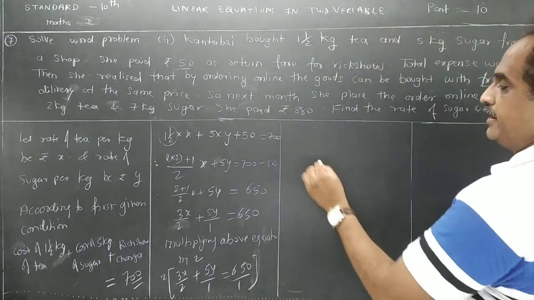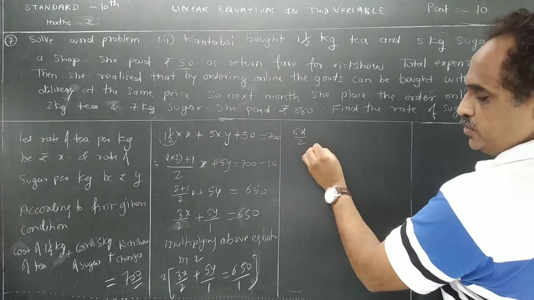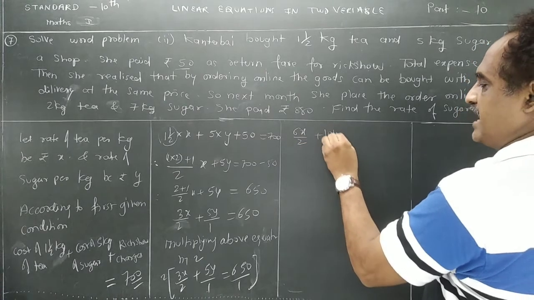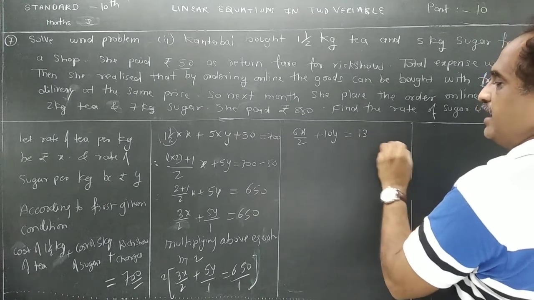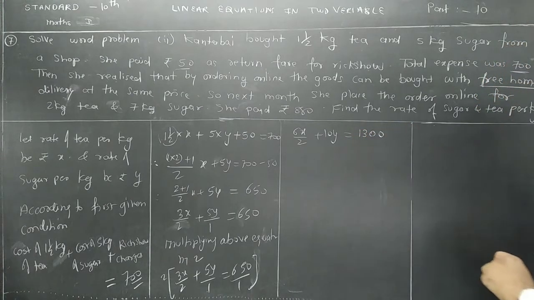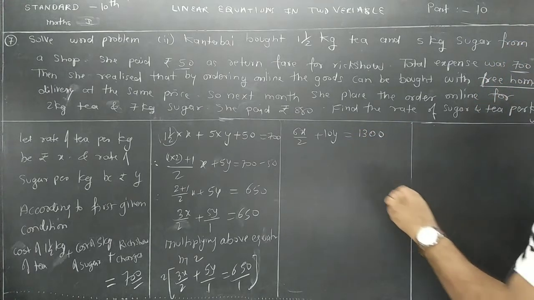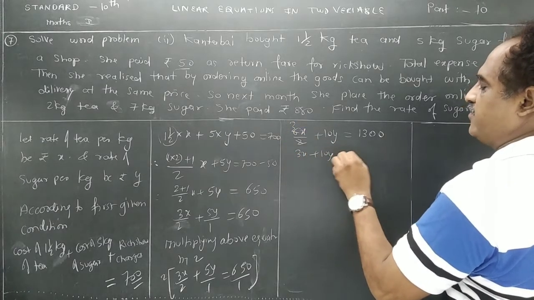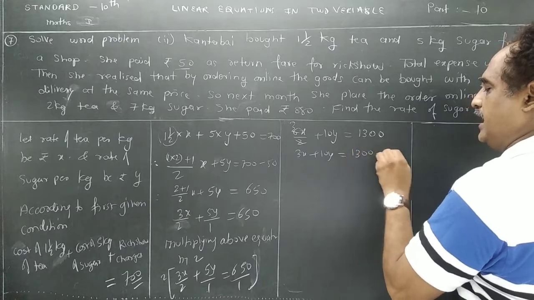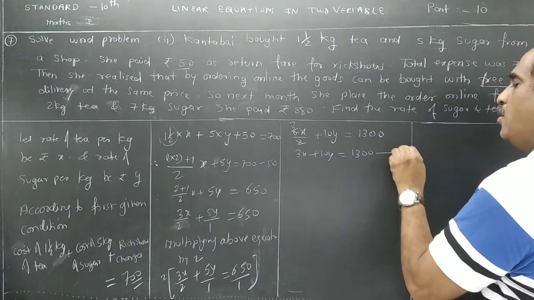So we get 6x by 2 plus 10y is equal to 1300. Is it right? So this gets cancelled and we get 3x plus 10y is equal to 1300, which is equation number 1.